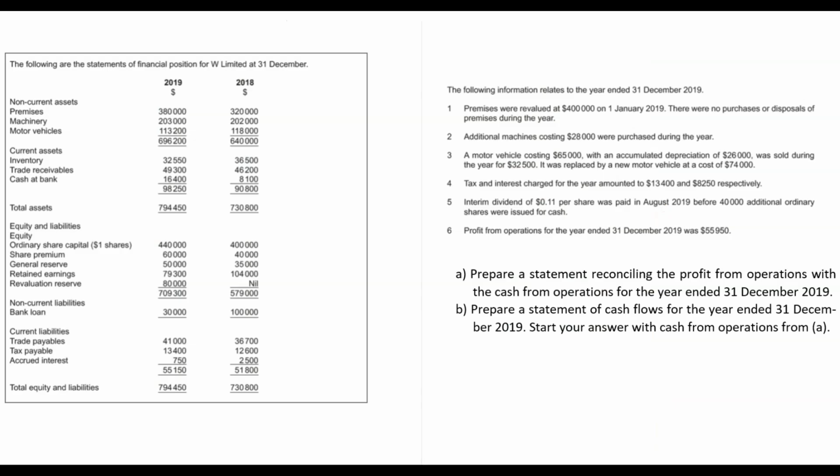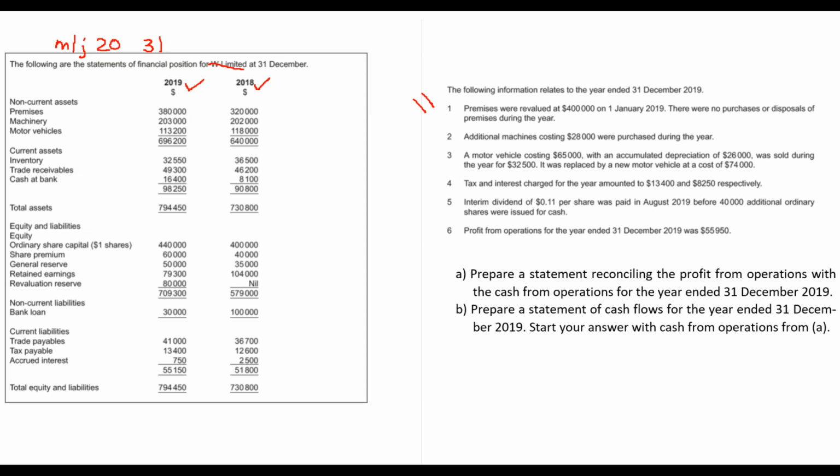Let us now solve a past paper question. This is May-June 2020, paper 3-1. You are given the statements of financial position for W Limited, the opening statement of financial position and the closing statement of financial position. You have been given some additional information.